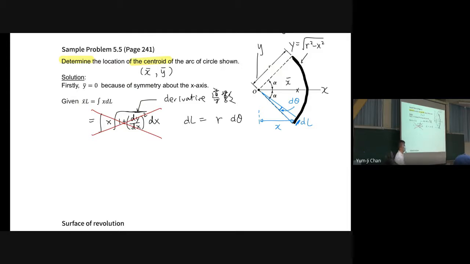Next, we want to determine the total length of the arc, the length L here. What is the length of this line here? I think you learned it in high school. It is 2 alpha times r.